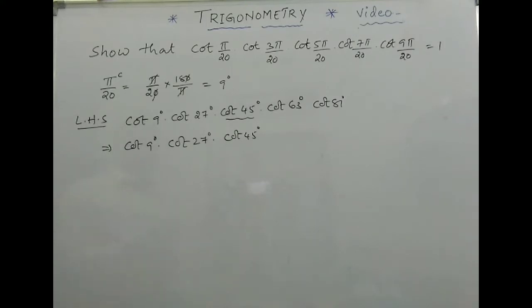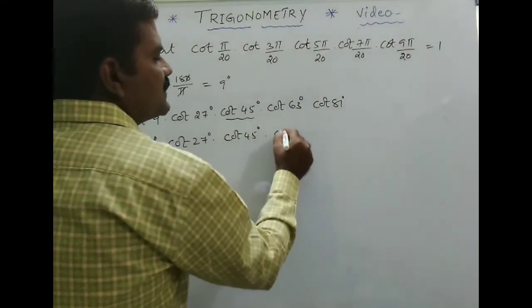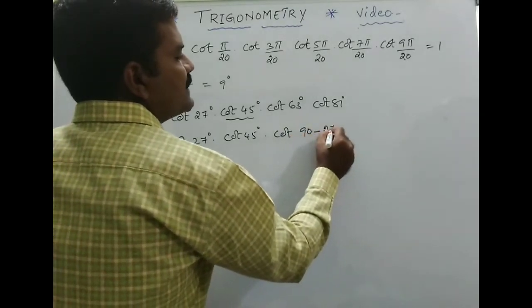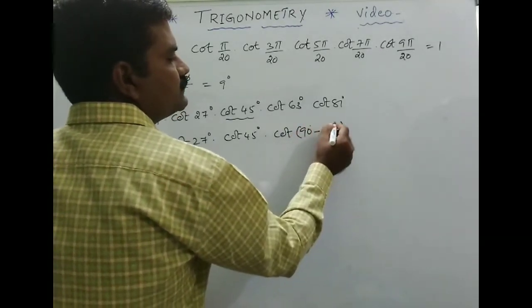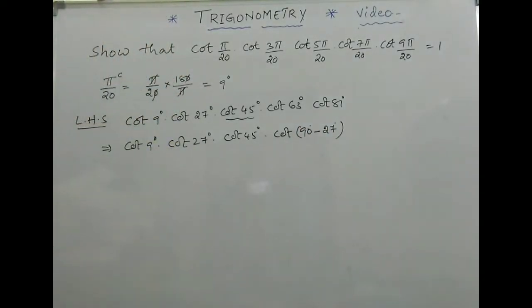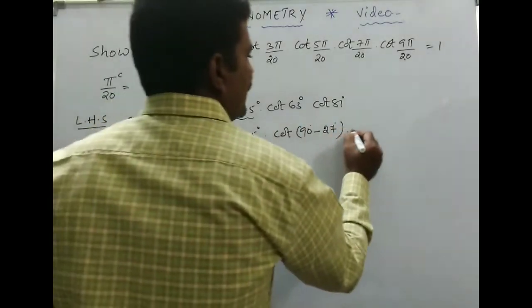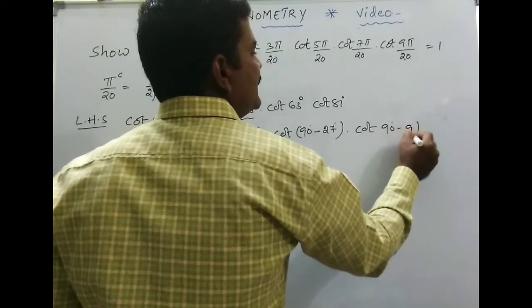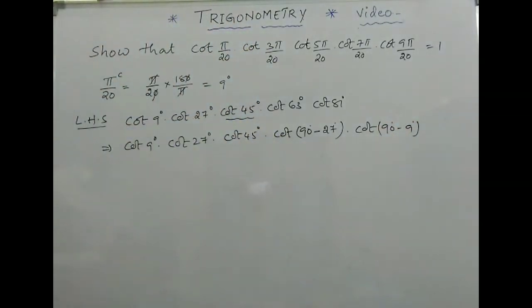So do one thing: 63, I want to write as 90 degrees minus 27 degrees. Is it 63? Yes. And similarly 81 degrees I want to write as 90 degrees minus 9 degrees.